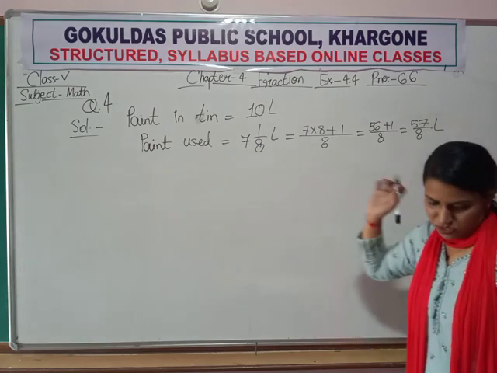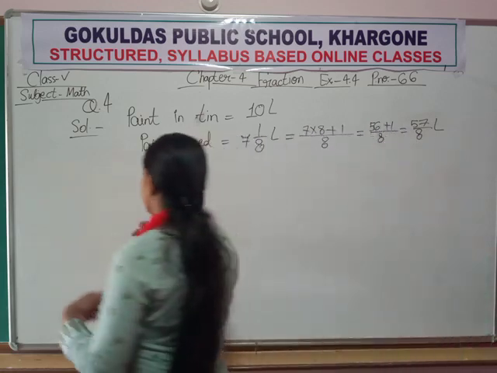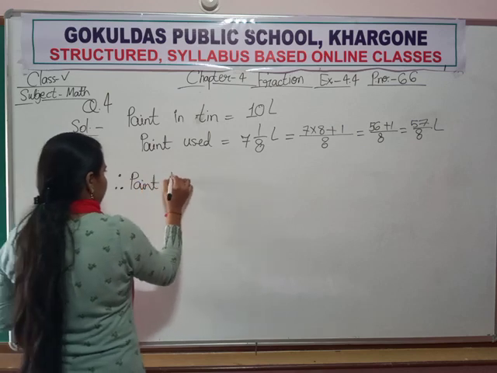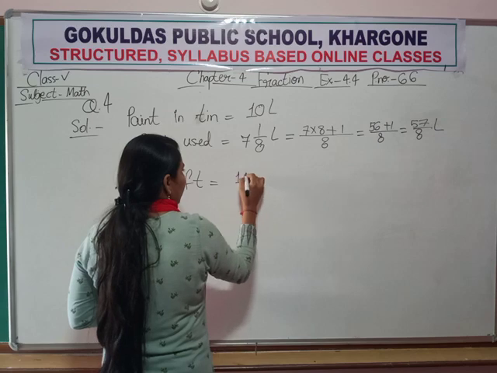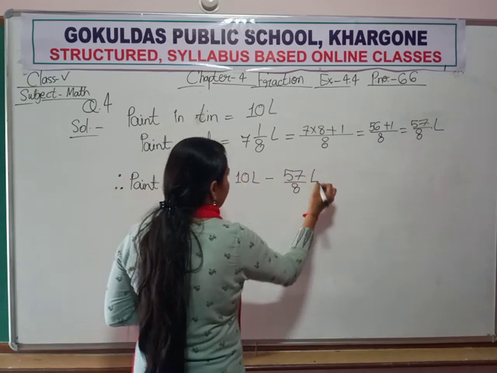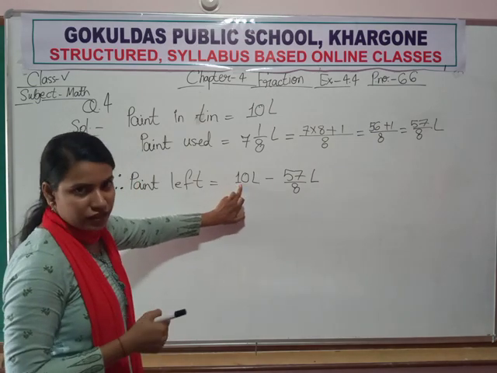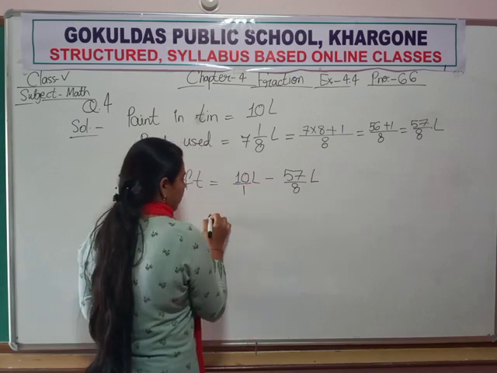Now they have asked us how much paint is left in the tin. Therefore, paint left is equal to 10 liter minus 57/8 liter. As nothing is in the denominator of the 10, 1 will be there.